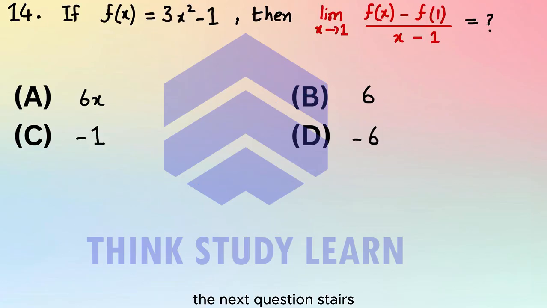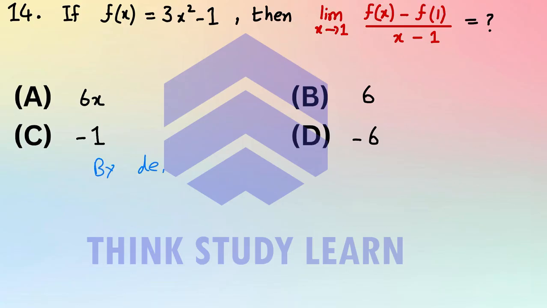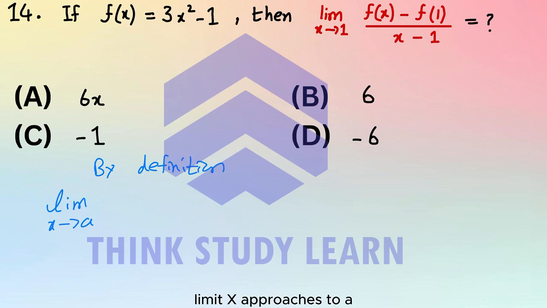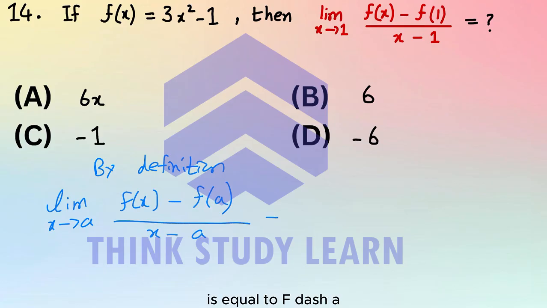The next question states, if f of x is equal to 3x square minus 1, then find limit x approaches 1, f of x minus f of 1 over x minus 1. So we know that it is a formula. By definition, the formula for limits states limit x approaches a for f of x minus f of a over x minus a is equal to f dash a.